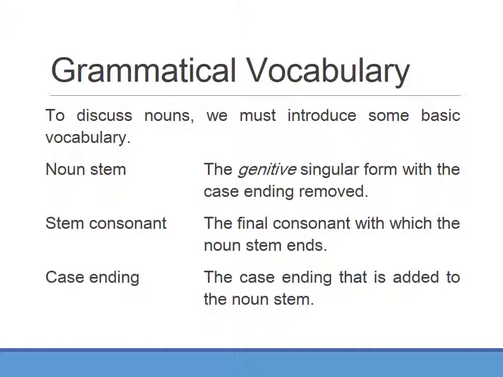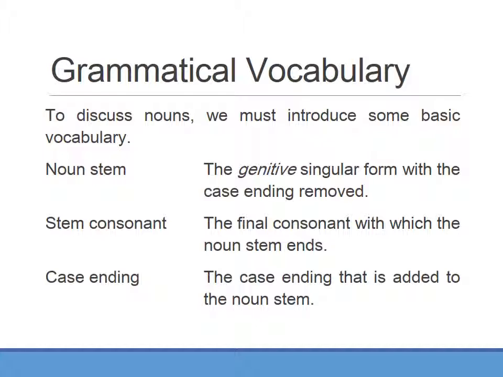The first critical thing relates to the noun stem. The noun stem for a third declension noun is the genitive singular form with the case ending removed. Notice it is the genitive singular, not the nominative singular. When we did first and second declension nouns, we treated the noun stem as the nominative singular with the case ending removed.